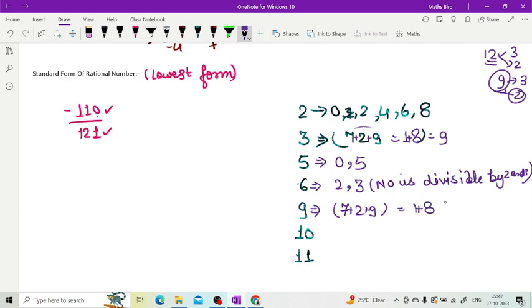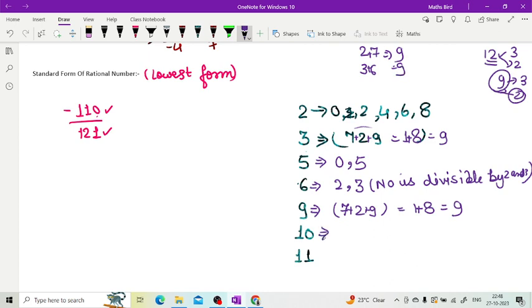Again you add 1 plus 8, that is 9. Correct. So it is divisible by 9. The sum should be equal to 9 only. You can check 27, 36: 2 plus 7 is 9, 3 plus 6 is 9. That's why they are divisible by 9.